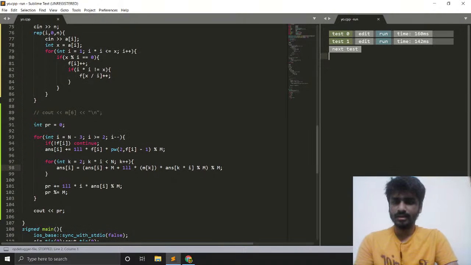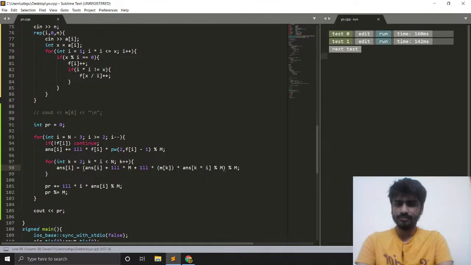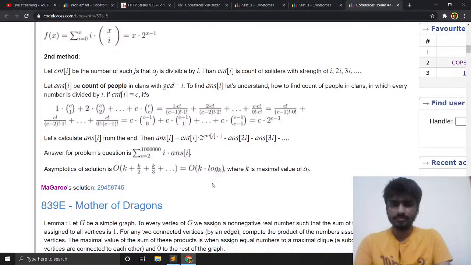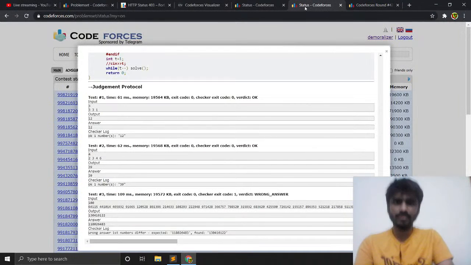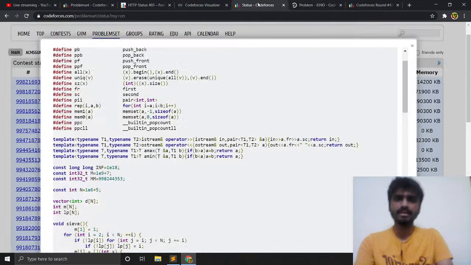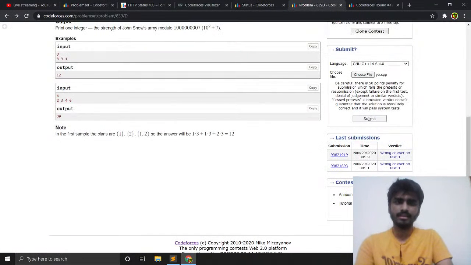Okay, I think I got it. I think it's probably something with overflow only, because the solution is exactly the same thing that's written in the editorial.